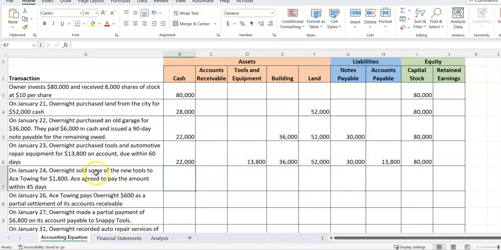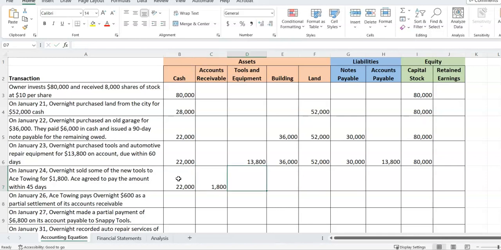On January 24th, we sold some of those new tools to Ace Towing for $1,800. They agreed to pay us that amount in 45 days. When someone owes us money, it's called an accounts receivable. So our cash didn't change as part of that because all we have is a promise that they're going to pay in 45 days. That's called an accounts receivable when someone promises that they're going to pay us cash eventually.